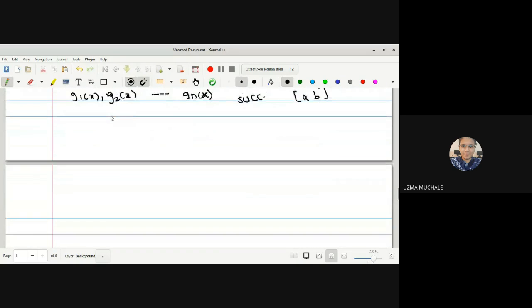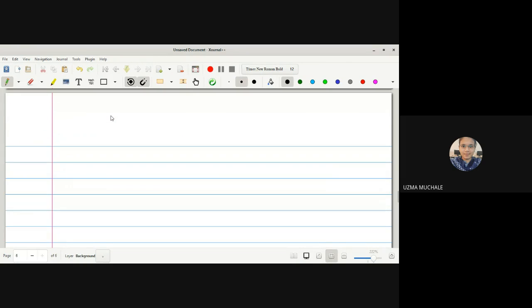Let me write down those equations. First multiplication is g1 of x and integration is within the limits a to b. And here y of x already we have the integration with respect to x is equal to integration a to b, f of x was there.